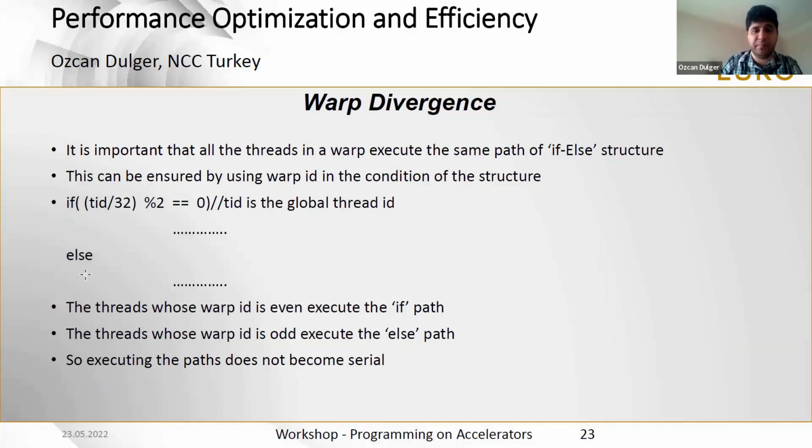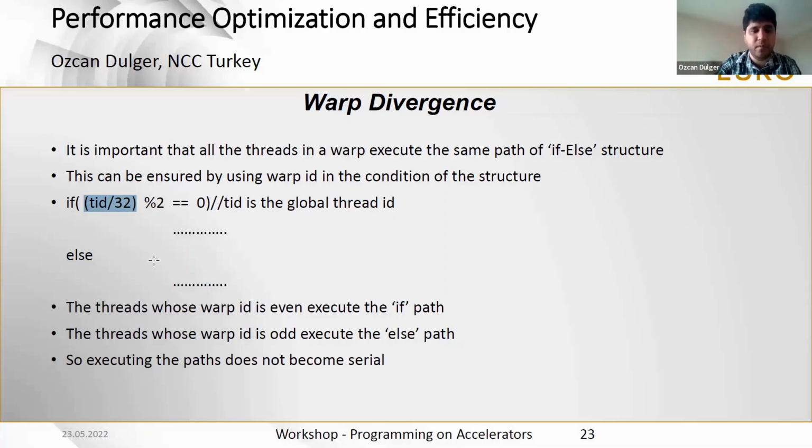How can we overcome this problem? One approach is using the warp ID rather than the global thread ID in the condition of the if structure. Here, rather than using the global thread ID, we divide the global thread ID by 32, where 32 is the number of threads in the warp, so we obtain the warp ID.